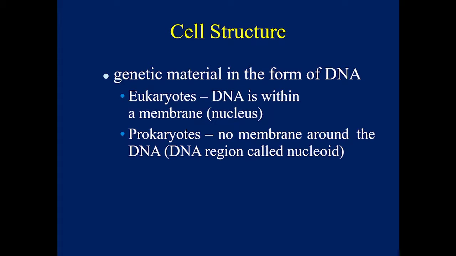Genetic material like DNA: in eukaryotes, DNA is within a membrane that we call the nucleus. In prokaryotes, there is no membrane around the DNA, which is why it is called the nucleoid.